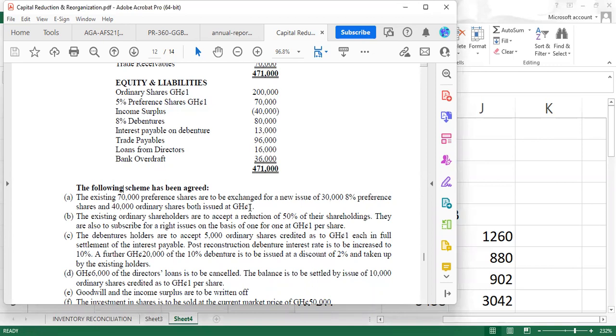They are also to subscribe for a rights issue on the basis of 1-for-1 at 1 cedi per share. What is a rights issue?